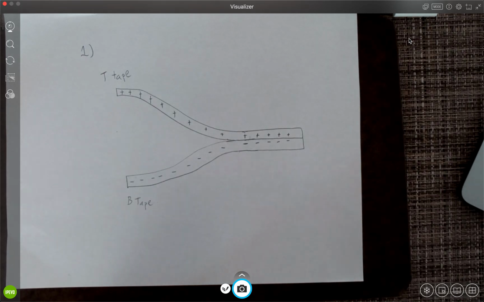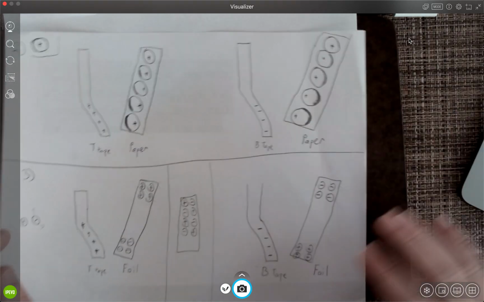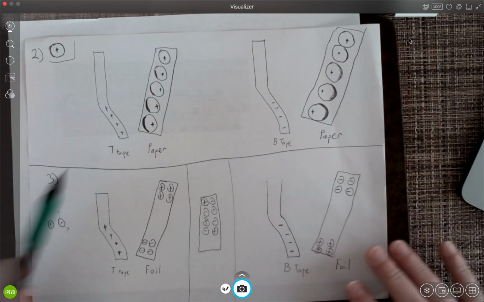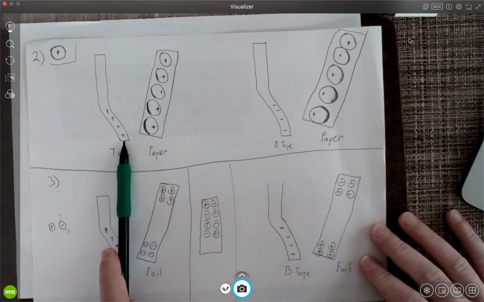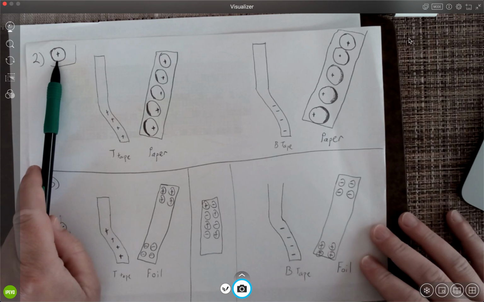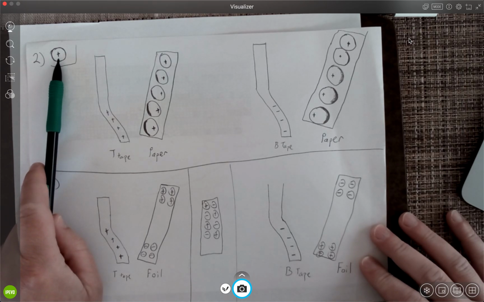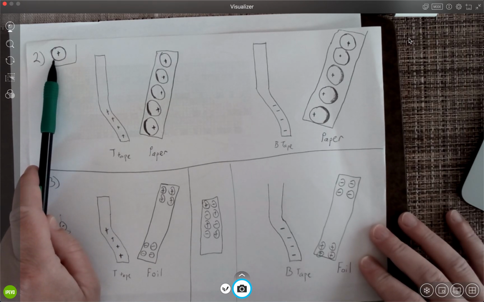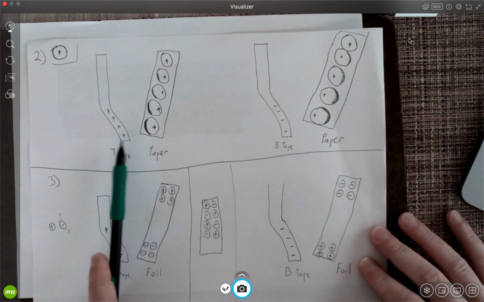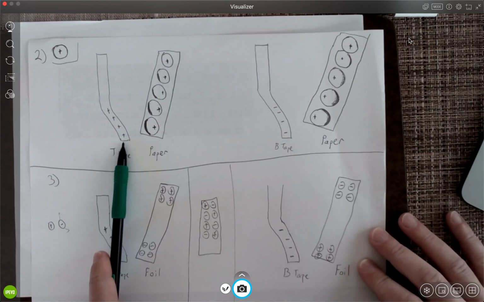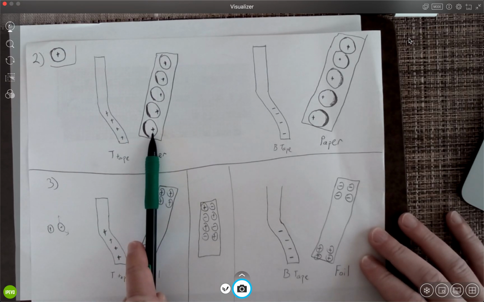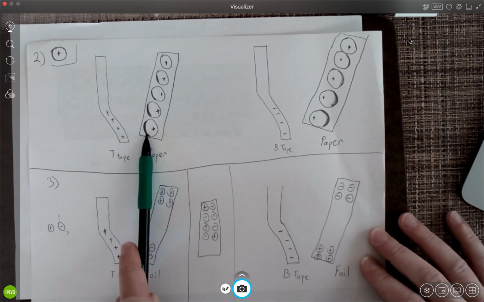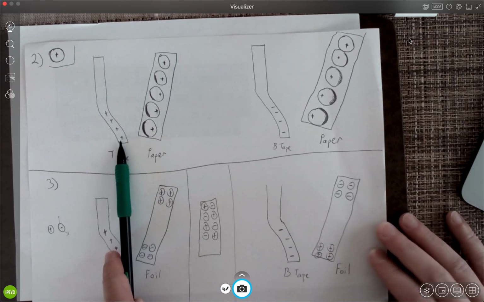Then we were asked to draw in the tape and the paper. What I drew here is the top tape getting that positive charge. I tried to draw off to the side what a regular atom is, with the circle around it being the electron cloud. I tried to draw the top tape with the positive charges repelling the positive charge in the atom, but attracting more of the electrons in that electron cloud closer to the top tape.